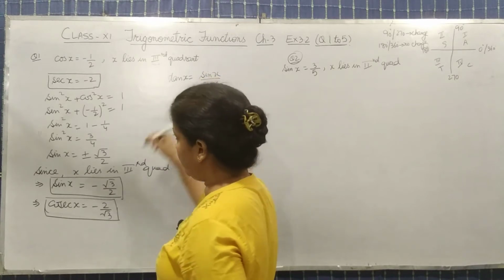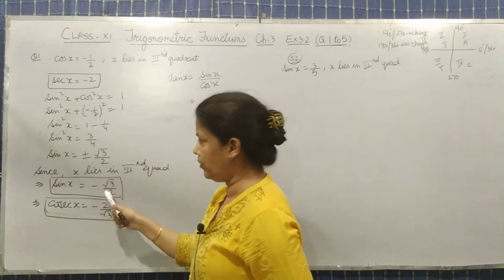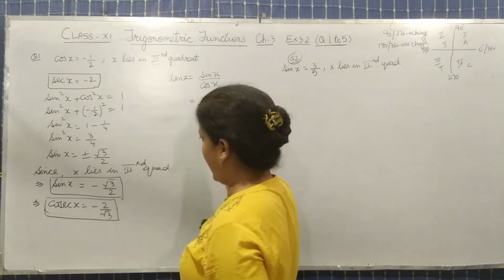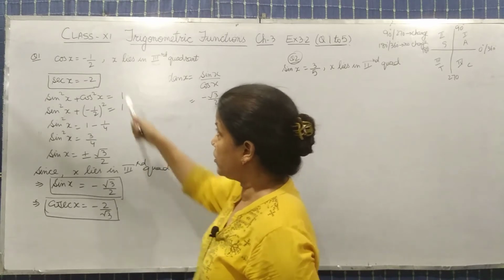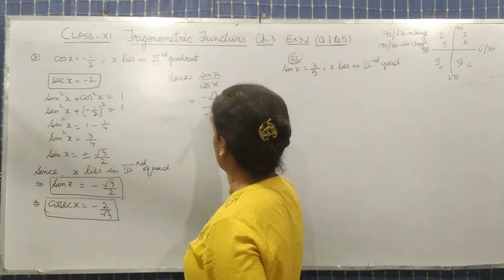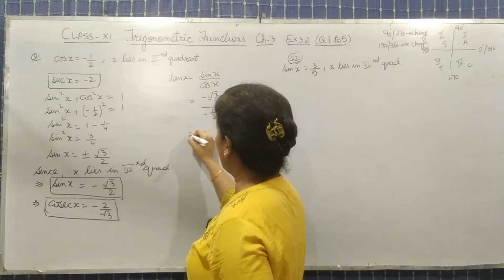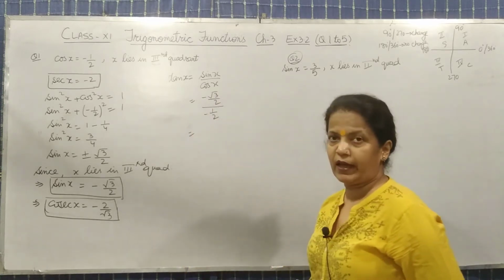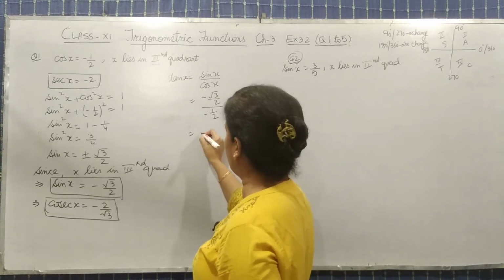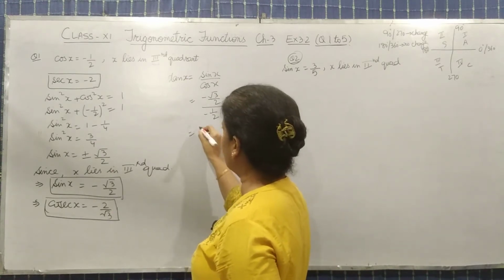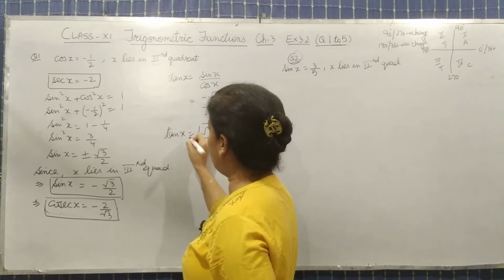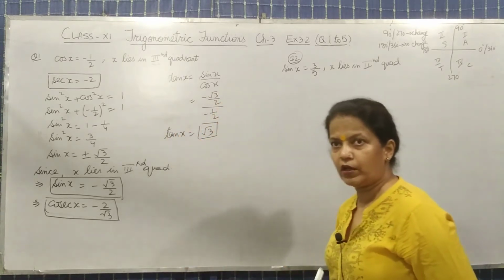Now, substitute the value. Sin x, you will take as minus root 3 by 2, and cos x value is minus half. So, what should be the value of tan x? If you shift it to the other side, it will be only root 3. So, you will get tan x as root 3.